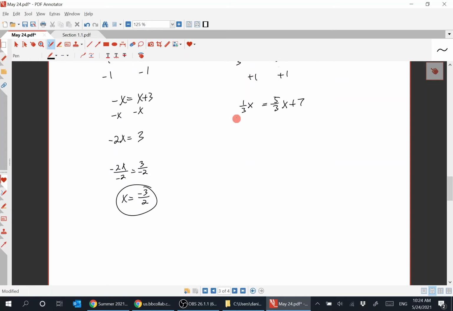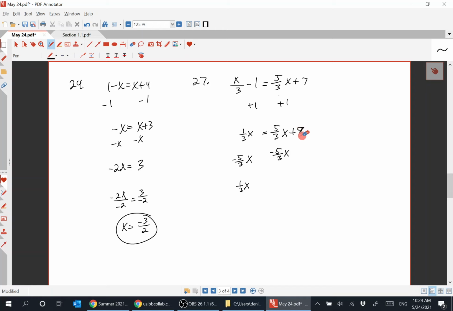So I want to move the x's over here, so I'm going to subtract 5/3 x from both sides. So I got 1/3... Isn't it plus 8 now? Oh, yes, plus 8.